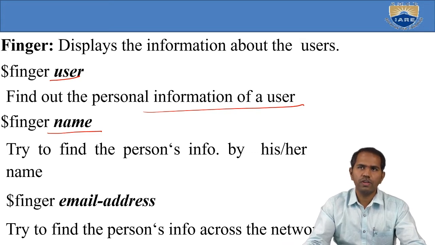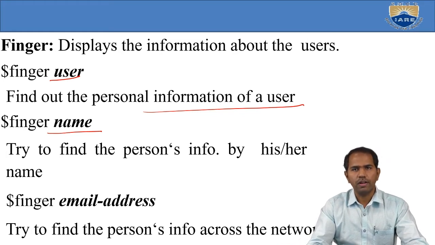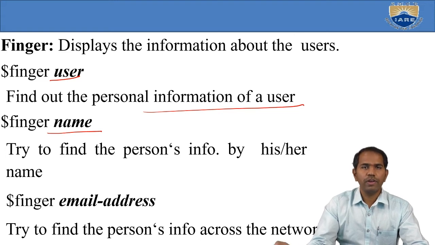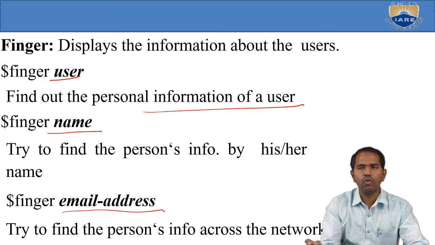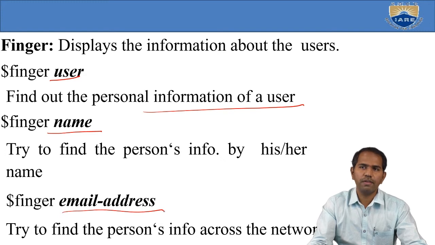First, through users, we can get personal information: finger with username. Second, finger with names, to find the person's information by username. Third, finger with an email address, to find the person's information across the network.